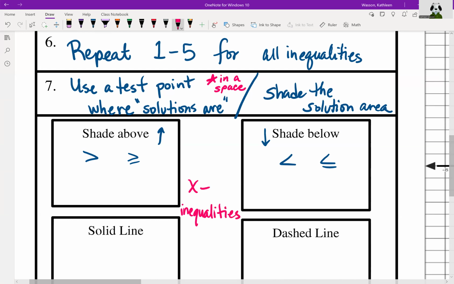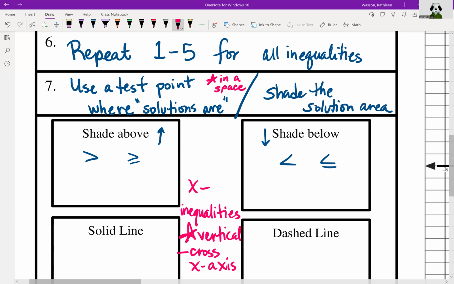X inequalities cross the x-axis. So you'll have vertical lines that cross the x-axis.